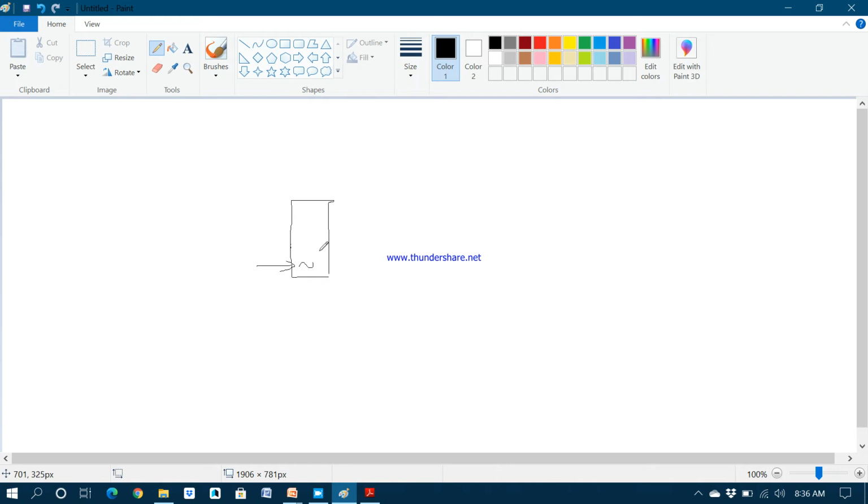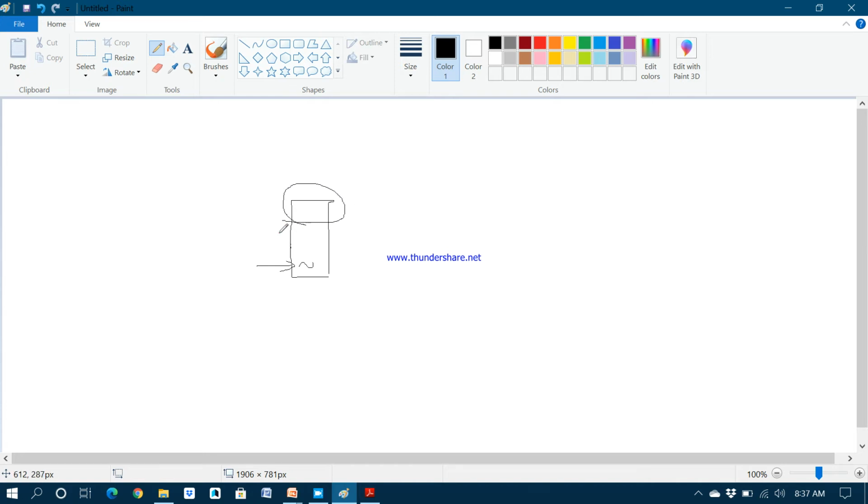Whenever an electric field is generated, as we studied earlier in EMWTL, electromagnetic waves and transmission lines, by using the right hand thumb rule there is an electric field and a magnetic field also.